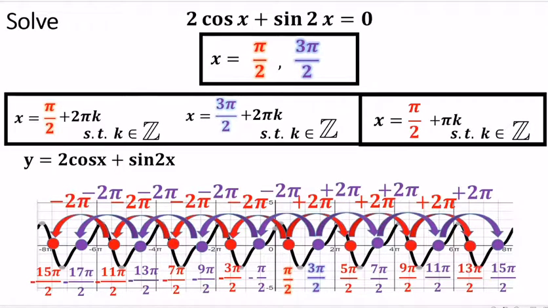If you want to solve an equation for all solutions, and the equation you are solving contains sine, cosine, secant, or cosecant, you want to add 2 pi k such that k is an element of the integers.